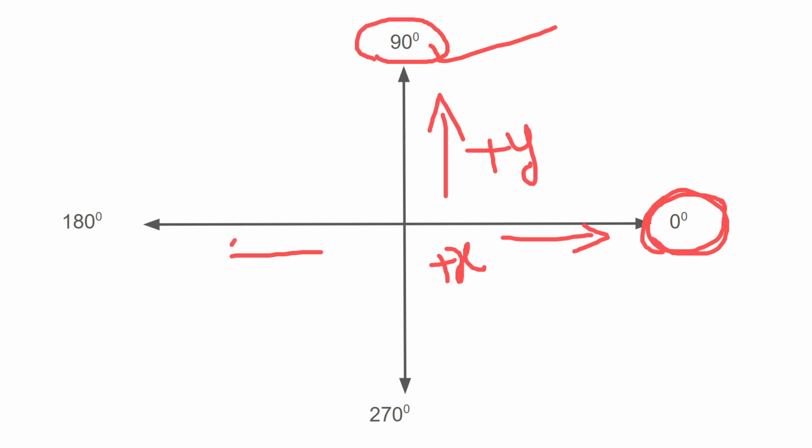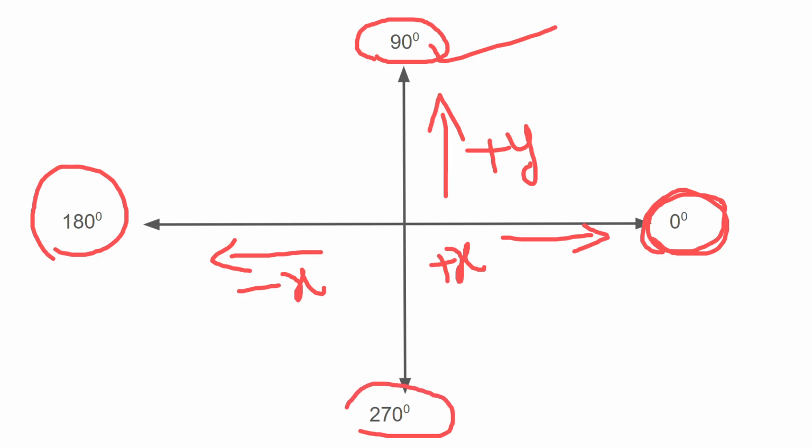Similarly, when you are moving in the negative x direction, AutoCAD will treat it as 180 degrees. And similarly, when we are in the negative y direction, AutoCAD will treat it as 270 degrees. Okay. Why we learn this, we will see within a few minutes.